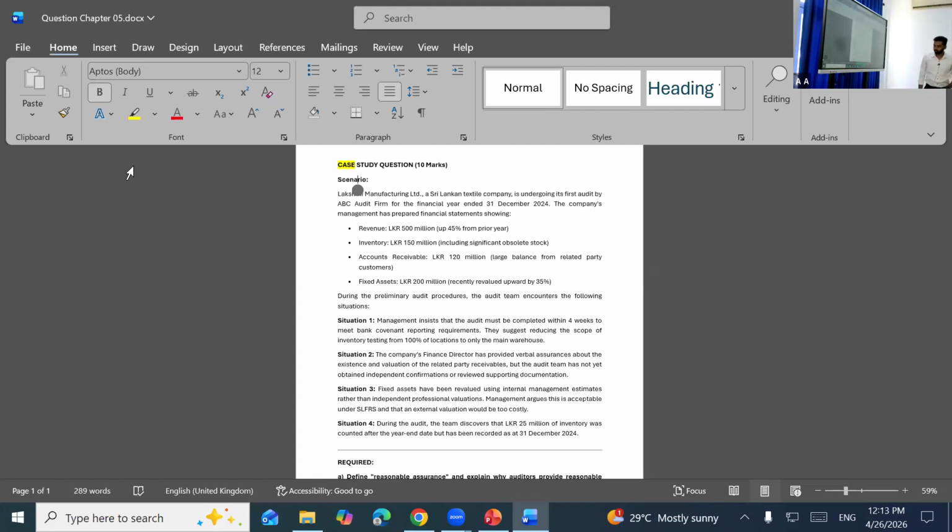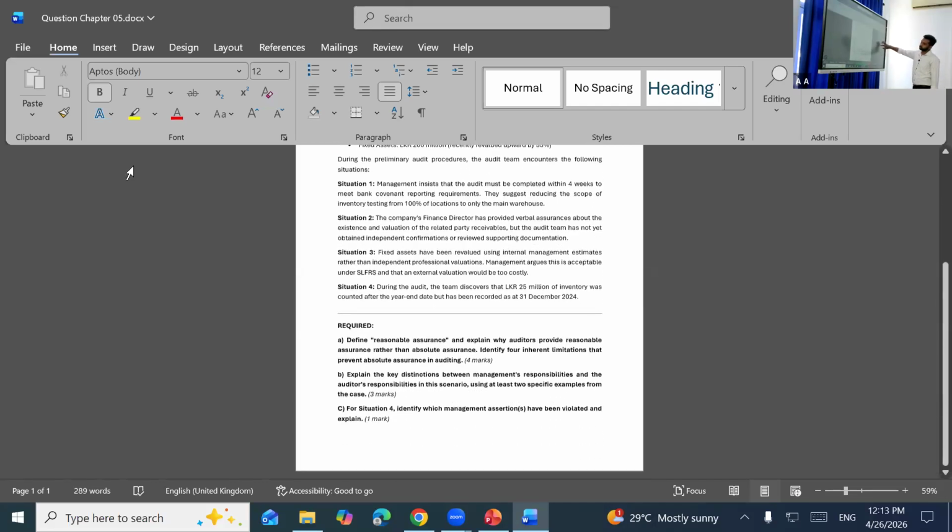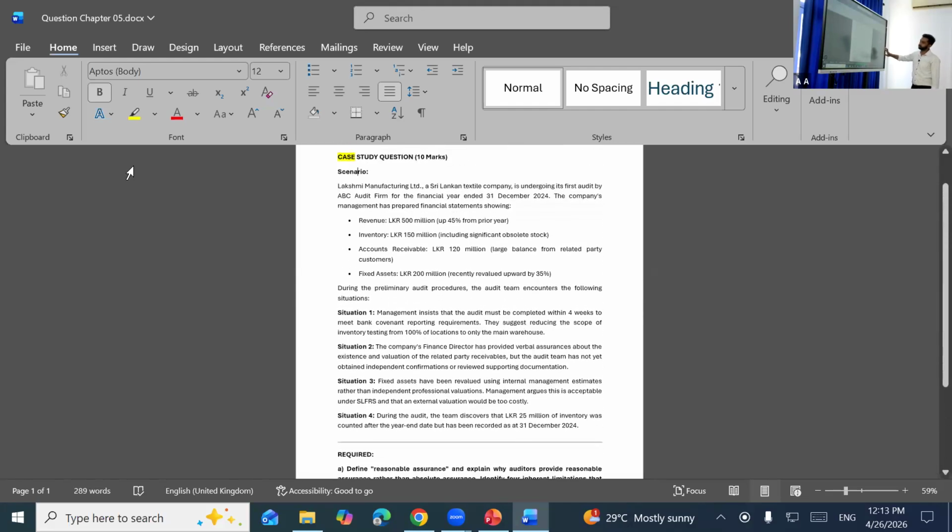Just read the first paragraph and then read situation 4. Just read the first two lines and situation 4.